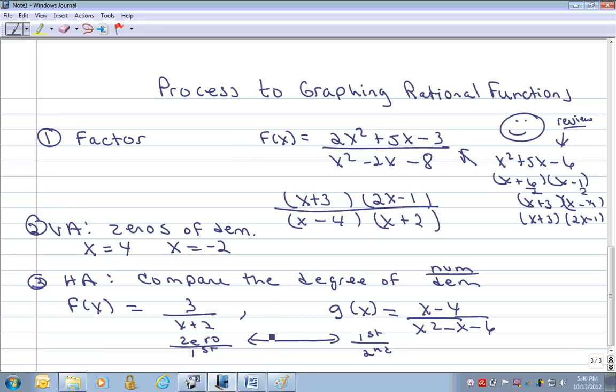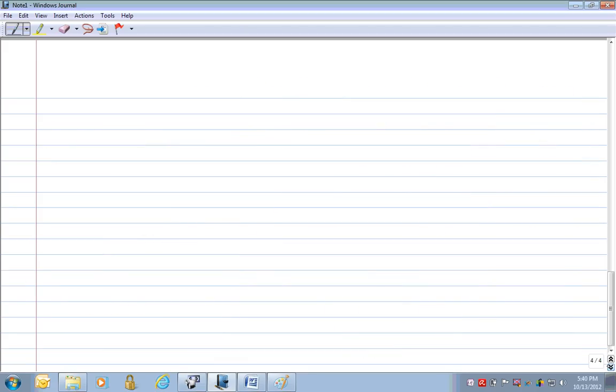If the top, which is your numerator, is smaller, I always say, then your horizontal asymptote will be y equals 0 every time. So if the top is smaller, your horizontal asymptote will be y equals 0. Let's move on and see what happens when the top is not the smaller degree.